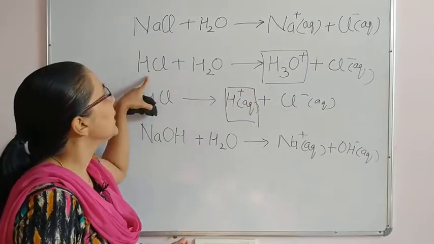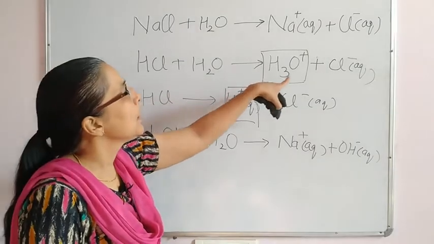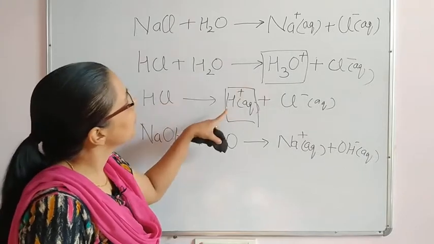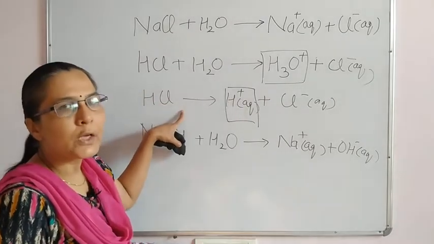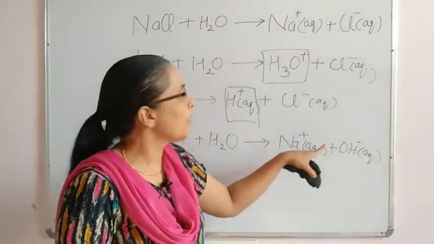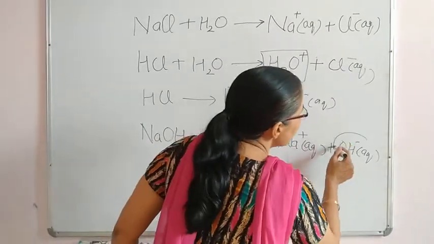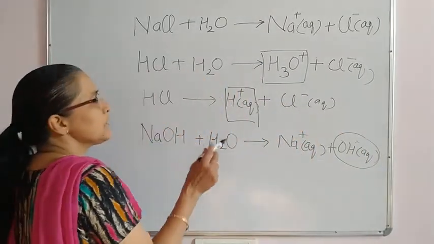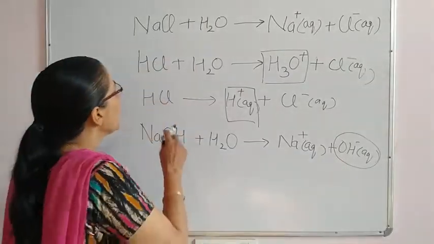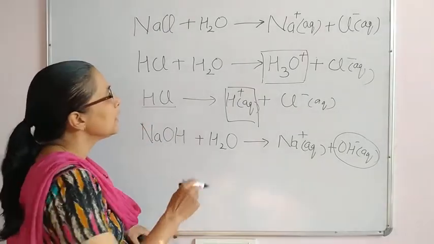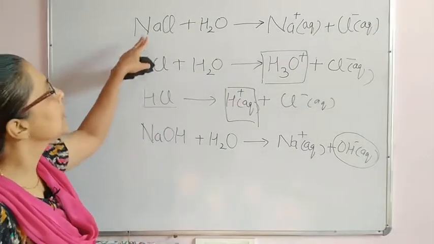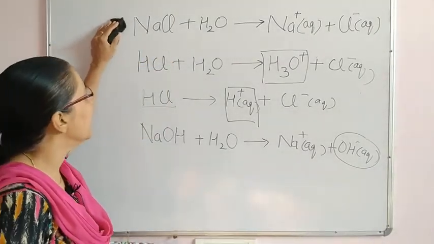In the same manner, when acid is dissolved in water, it will form either hydronium ion or H plus ion, and either is correct. When NaOH is dissolved in water, there will be formation of Na plus ion and OH minus. So in short, all bases dissolved in water give OH minus ion. All acids dissolved in water give H plus ion. All salts dissolved in water dissociate into their respective cation and anion.